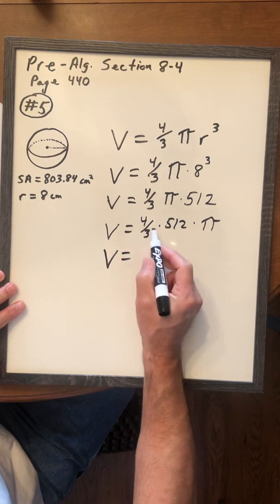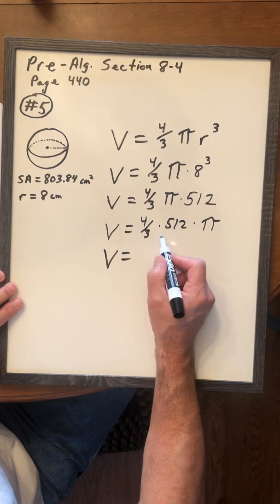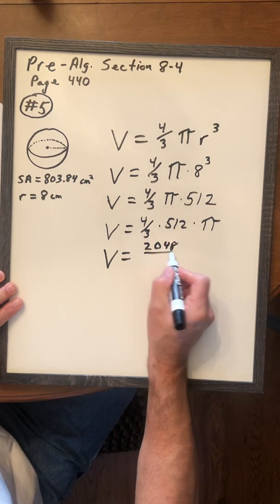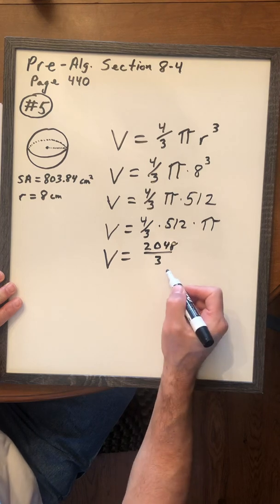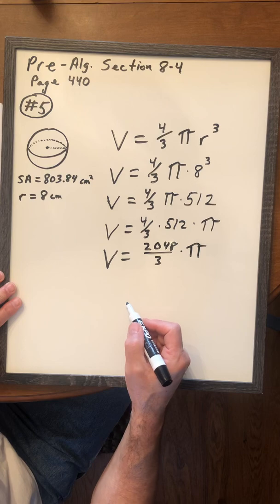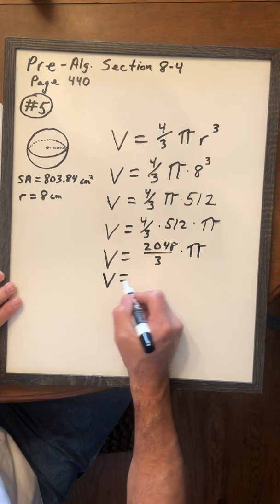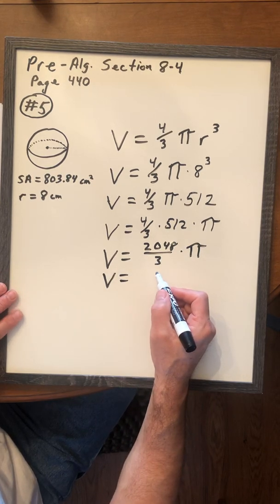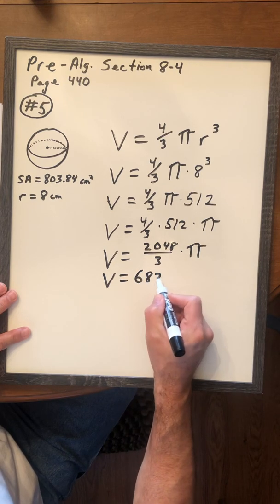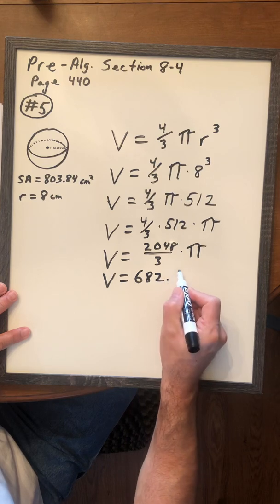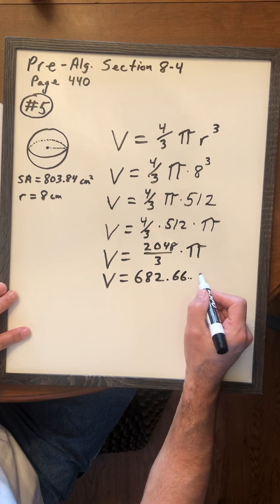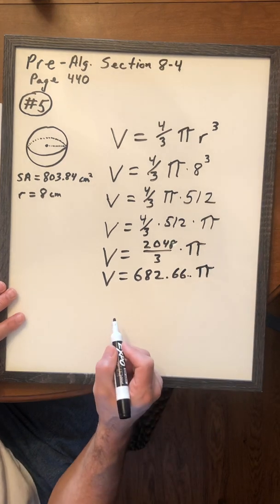And so now I can take 4 times 512, which is going to give me 2,048, and then it's still going to have the 3 divided by 3, and then we still have our pi symbol. And then I take and divide the 2048 by 3, and that gives me 682.66666 repeating. So that's going to keep going, pi.